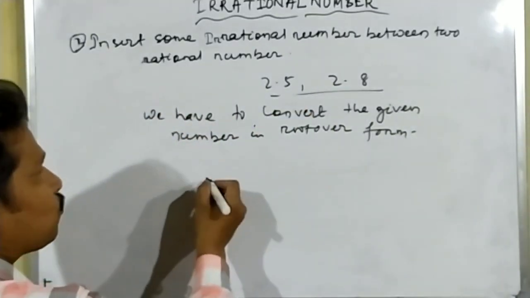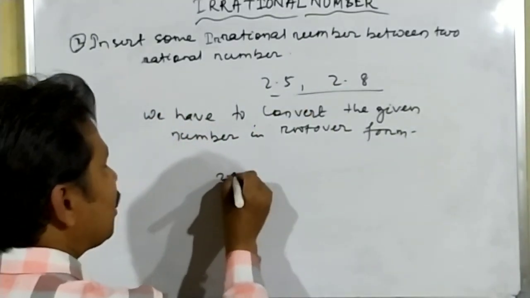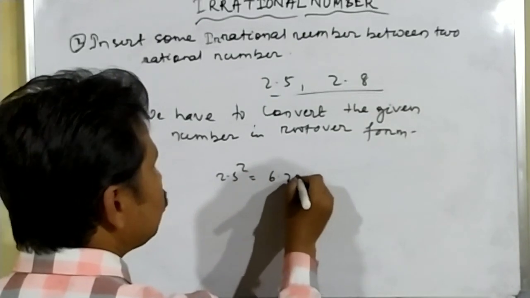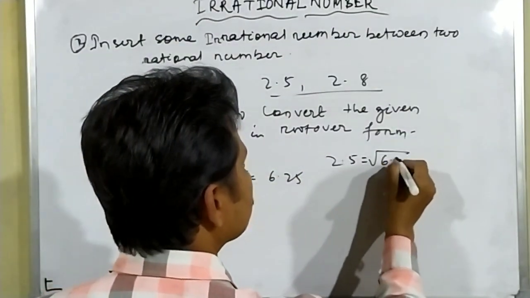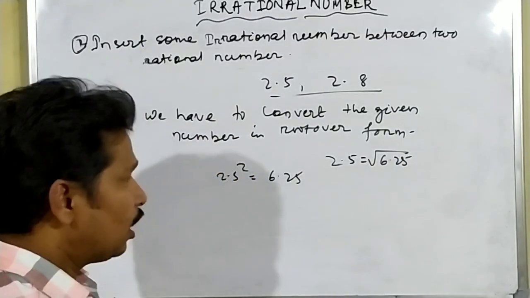That means 2.5 squared is equal to how much? 6.25. That means we can write that 2.5 is equal to root over 6.25. Yes or no?